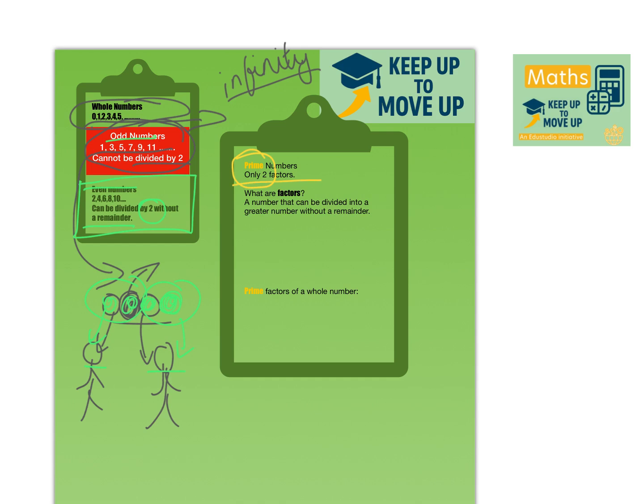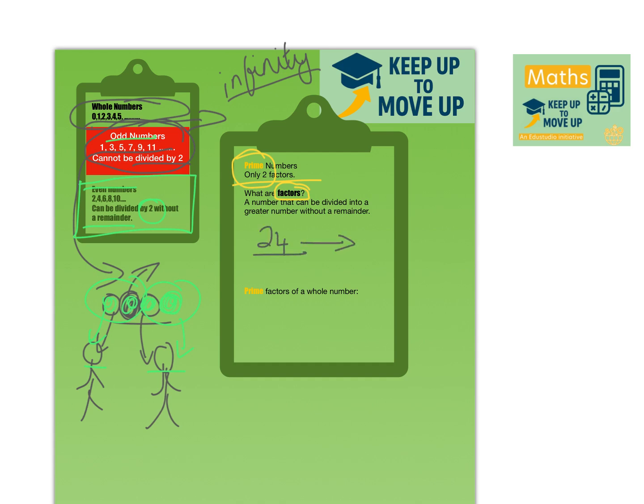Now, before we can talk about prime numbers, you have to make sure that you know what a factor is. A factor is just a number that can be divided into a larger number without a remainder. So let's take the number 24.